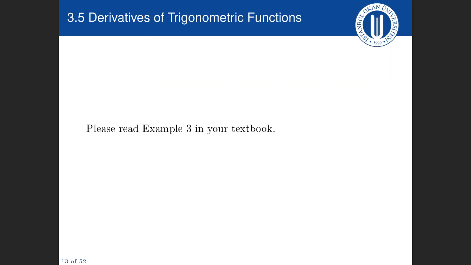There's another nice example in your textbook, but I'll leave that for you to read. Please read example 3 in section 3.5 in your textbook when you do your studies.